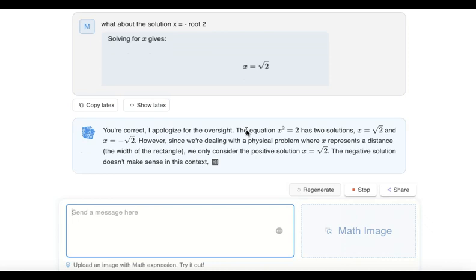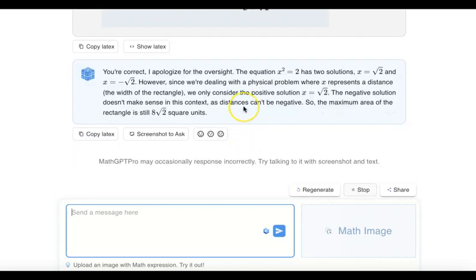So it says, yeah, good call. It has 2 solutions, but it says, however, we're dealing with a physical problem where x is a distance. This is exactly what I was talking about. I'm a little spooked out. I gotta be honest with you guys.